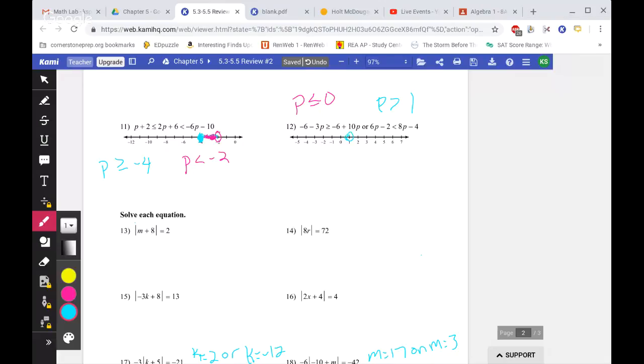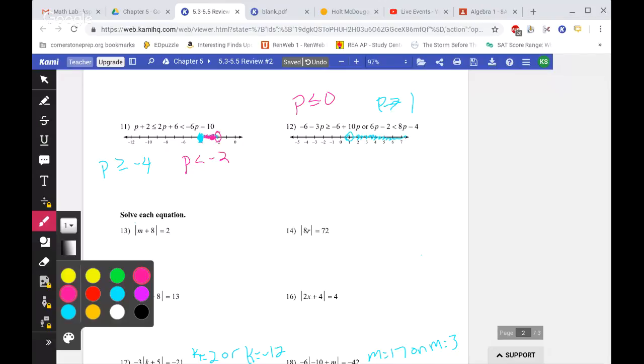It's going to be an open circle since it's only greater than. It's not greater than or equal to. And it's greater than 1, which means you can color it this direction. Like Miss Richardson said, you can always add a little arrow there to help you decide which way to color. And then p is less than or equal to 0.